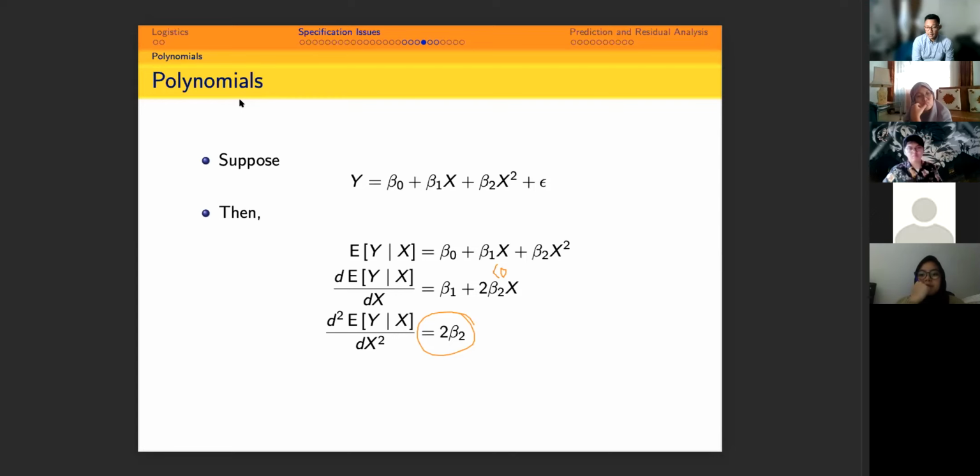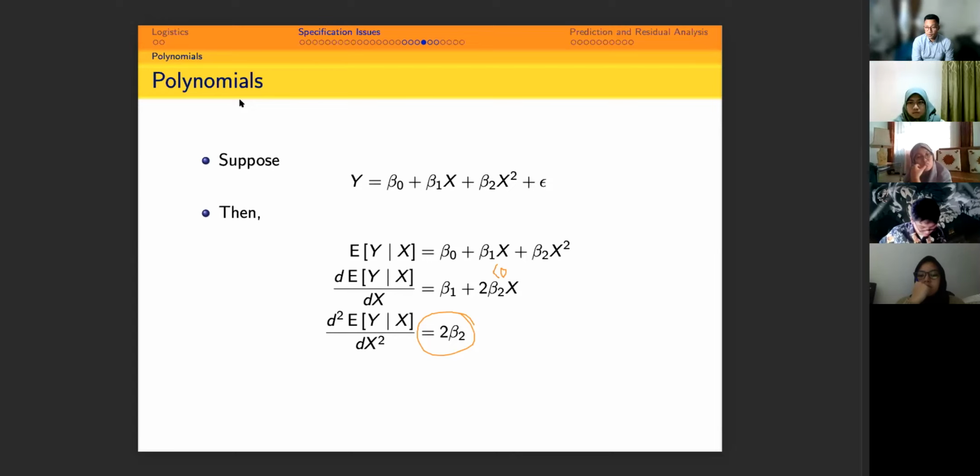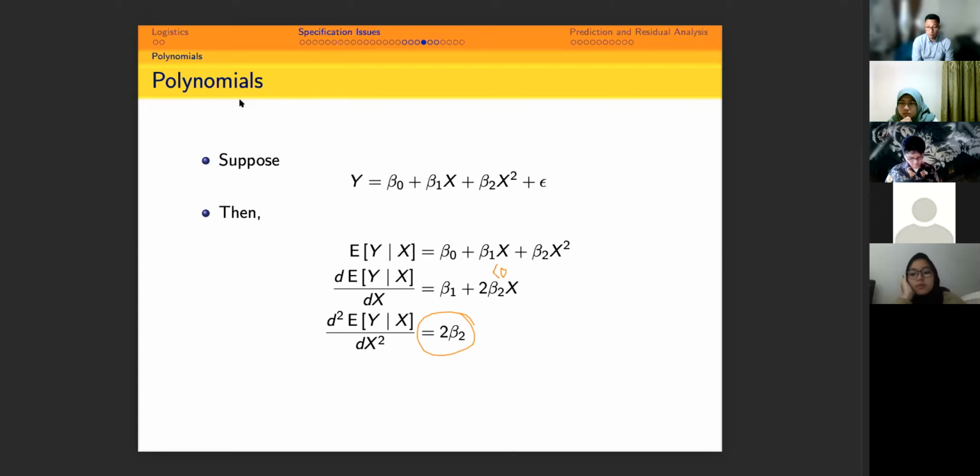All right, that's good. So again, I want to provide you with a short summary so far on the polynomial. Basically, we can include a nonlinear relationship in our model. We can have a quadratic function, which is a polynomial of degree 2. We can also have a polynomial of degree 3, and of degree 4.